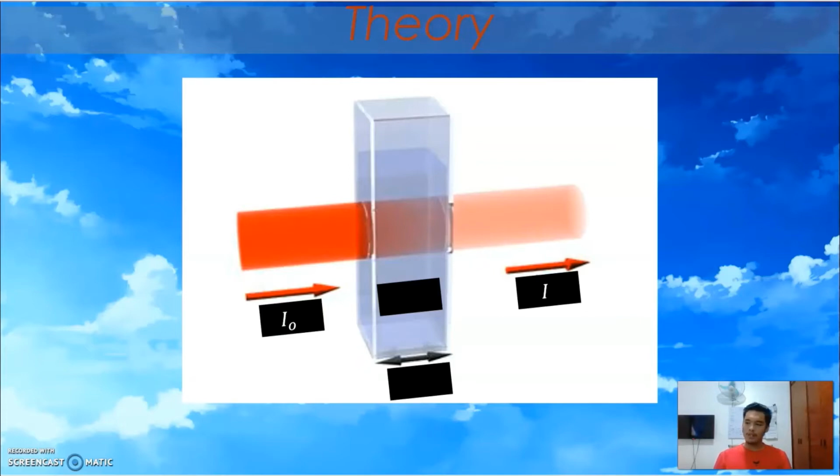So what are these properties inside the analyte that will be able to absorb the light of the origin? Of course, we must take into account the cell pathway, or the distance across the cell from one point to another. And inside the analyte, we must take into account two variables: its concentration and its molar absorptivity, where this molar absorptivity describes the analyte's tendency to absorb light.